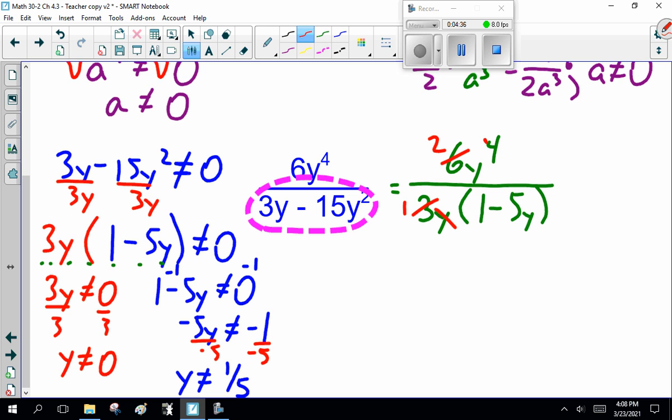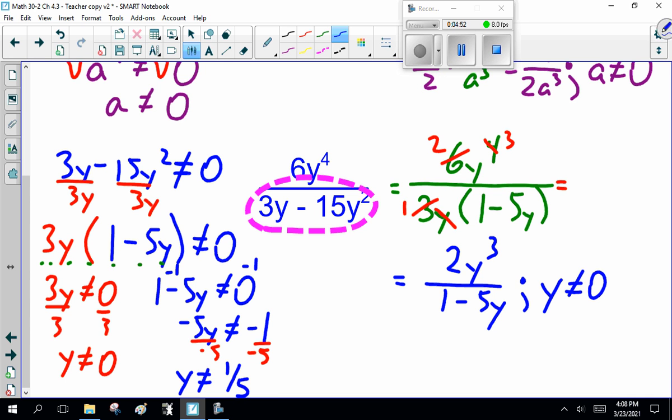Then I cancel 1y, down to y cubed. So this is 2y cubed over 1 minus 5y, I think. Yes. And note, I still have my non-permissible values. y cannot equal 0 or 1/5. So I have to make note of that there. Okay? Now, that's honestly most of the lesson. But of course, we're going to do some more examples.